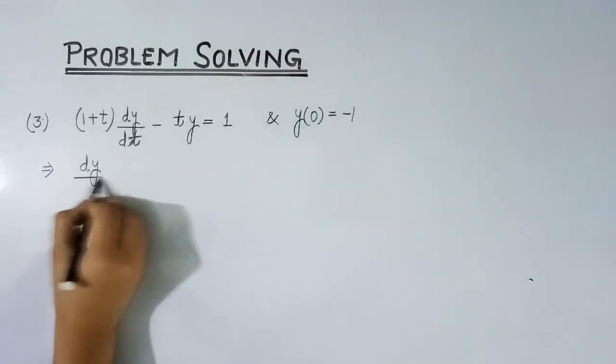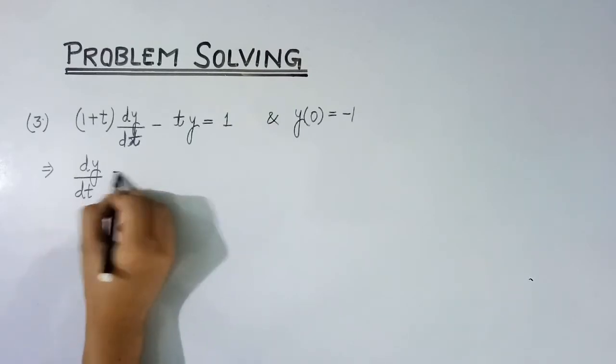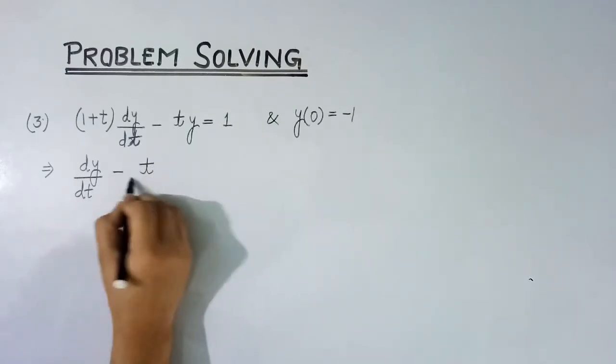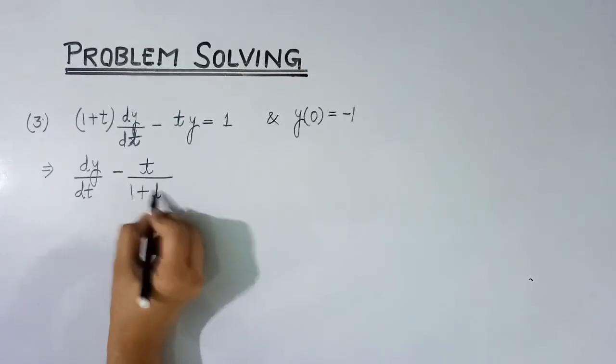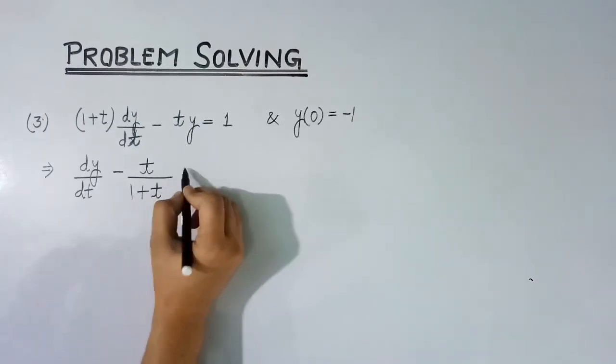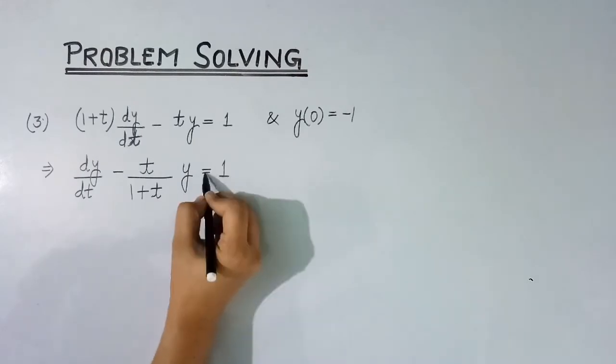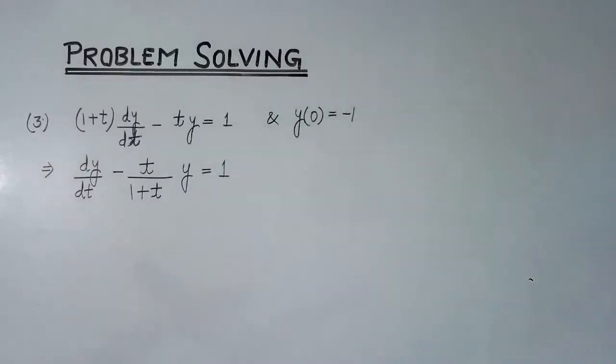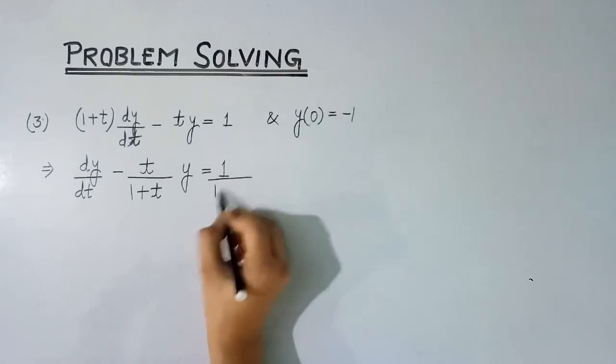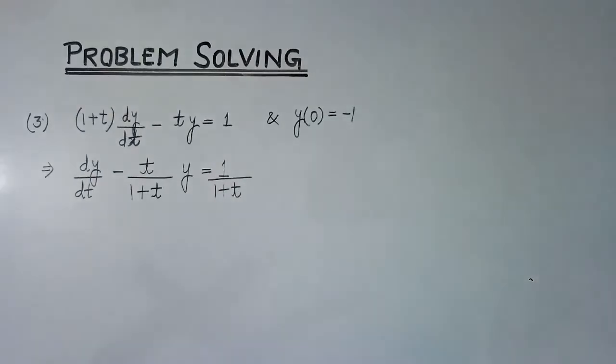So on simplifying, we get dy by dt is equal to t upon. So you can see here this is a form of linear differential equation, and for that we need to find out the integrating factor of this equation, and only then we can find out the solution of this differential equation.